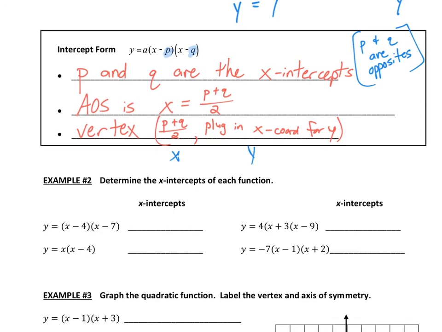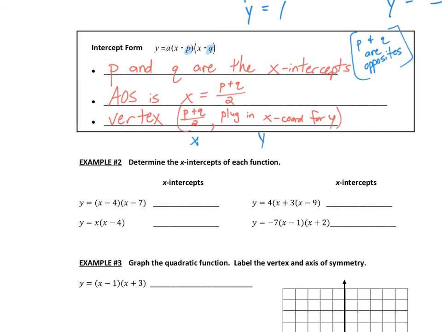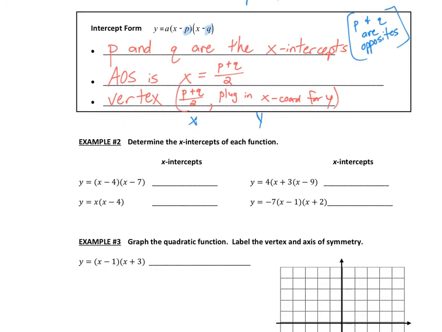Okay, so some examples. And again, if I'm going too fast, I know I'm kind of going pretty quick here. Just hit pause and write things down, then hit play and continue. So the intercepts for the first one are at 4 and 7.